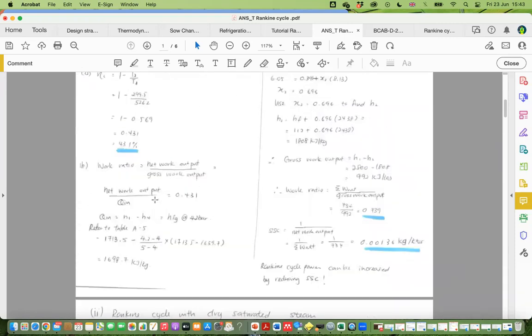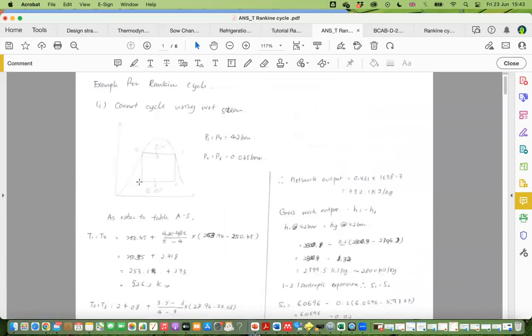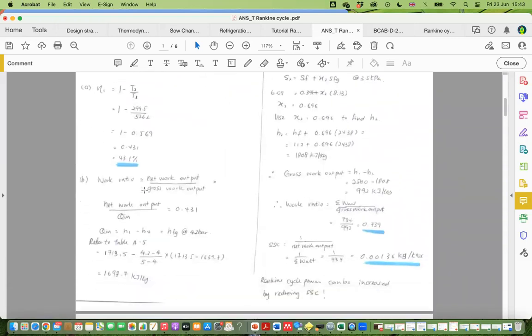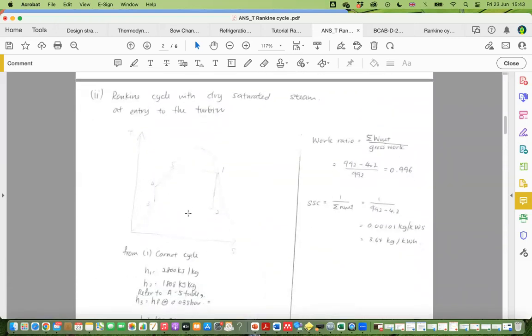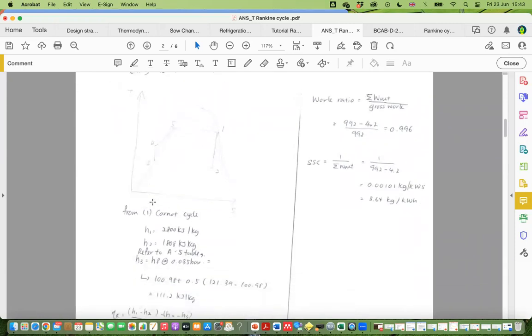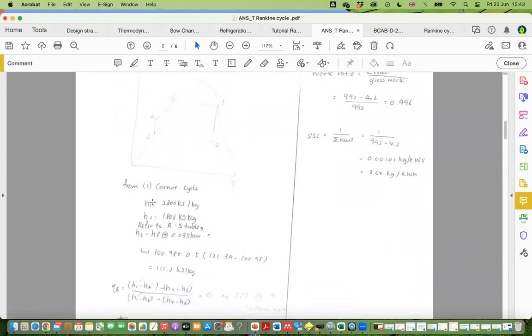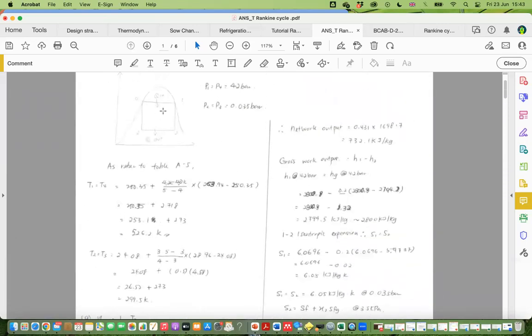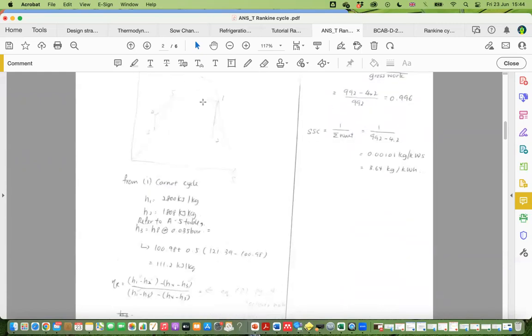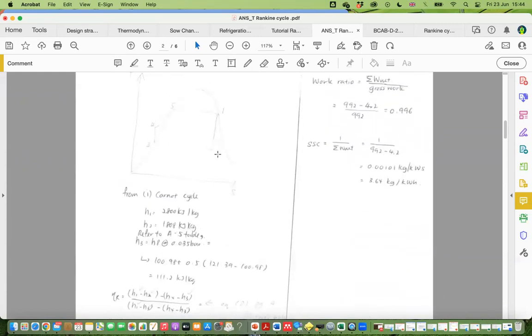So previously for the Carnot cycle, it's hanging in between. But I want to have dry saturated steam. It further moves and sticks on the 3, sticks on the saturated curve. So if you compare the figure 1 and the second figure, it seems like 1 to 2, the value we can use again.